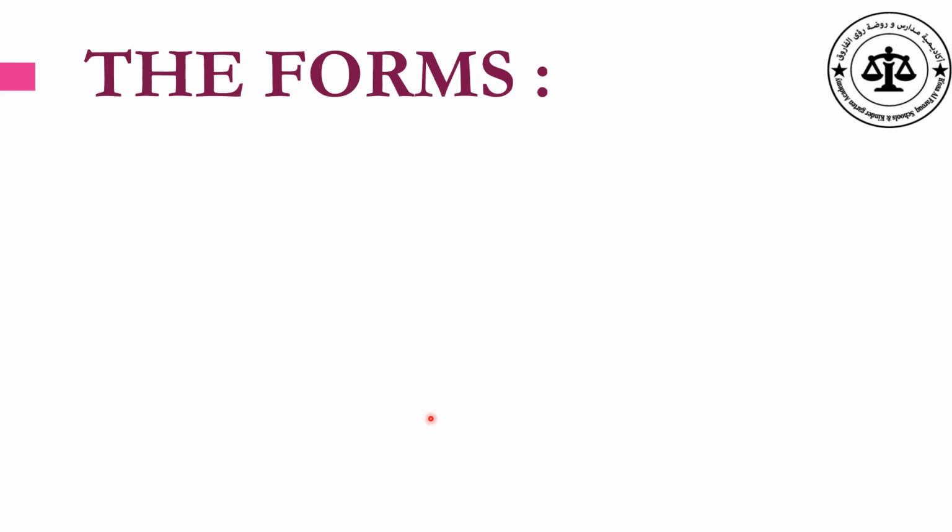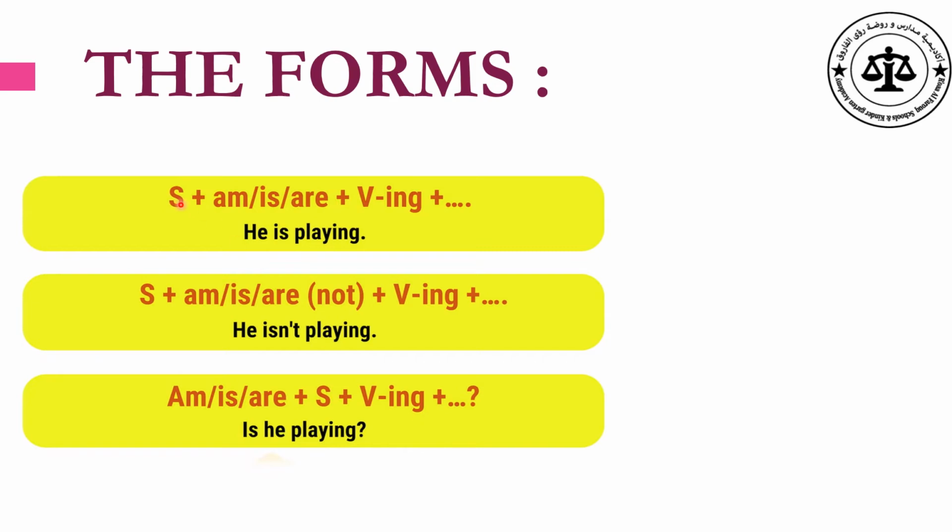So the forms of present continuous for future are as follows. The positive form: we start with the subject, verbs to be depending on the subject, am for I, is for singular, are for plural, with verb ing and complement. If we want to negate the sentence, we start with the subject and we negate the sentence by adding not with verbs to be, then verb ing and complement.